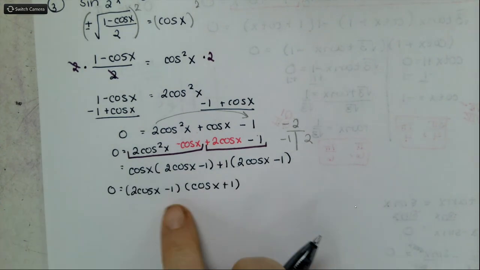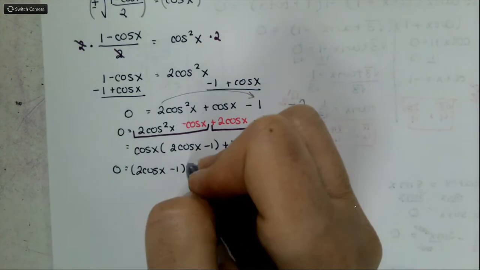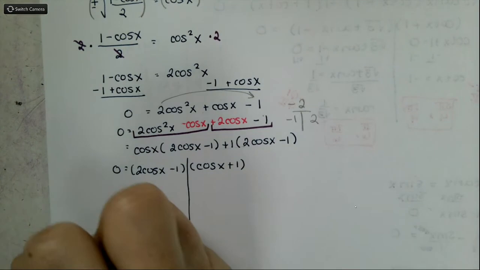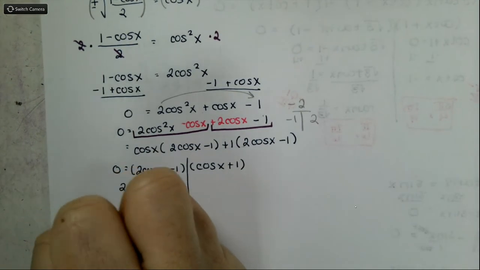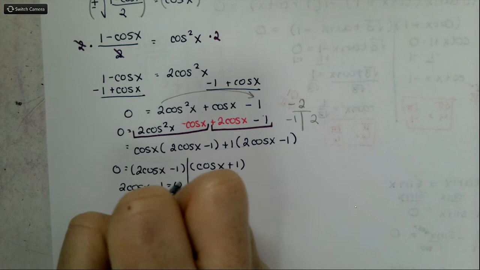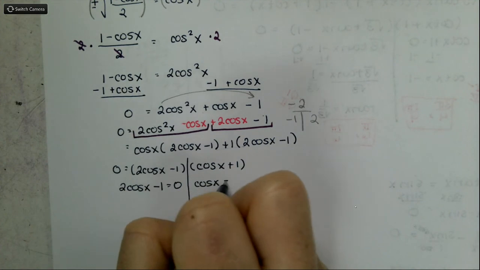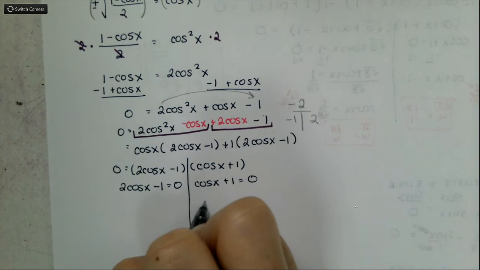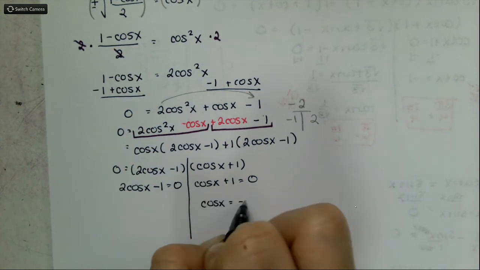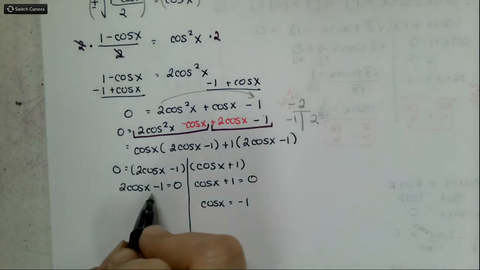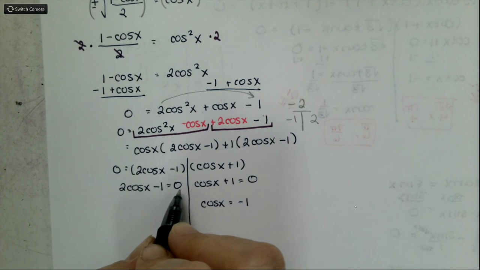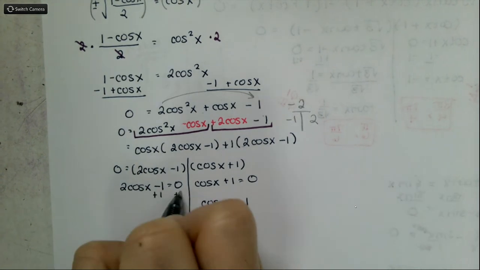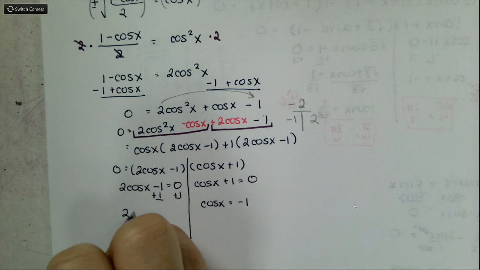Once you are down to just groups of factors, you're going to set each factor equal to 0 and solve. So I'd subtract 1, cosine x equals negative 1. On this one, I will add 1 and divide by 2.